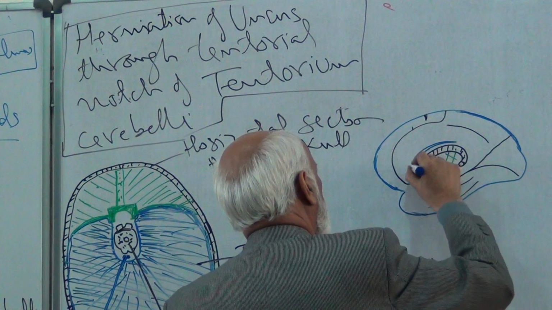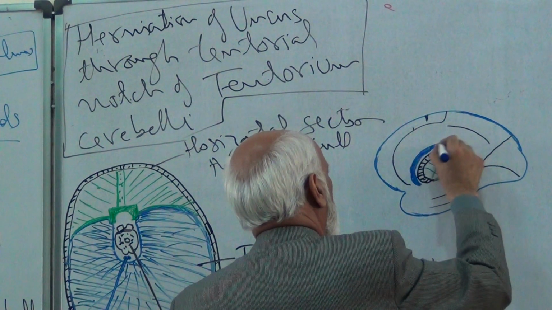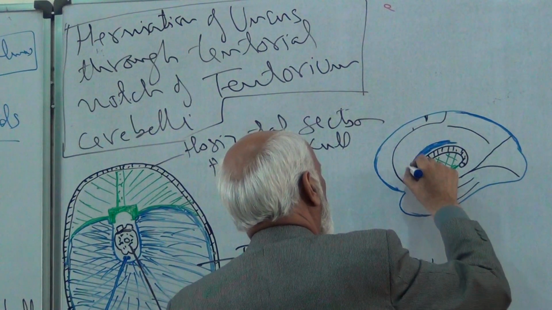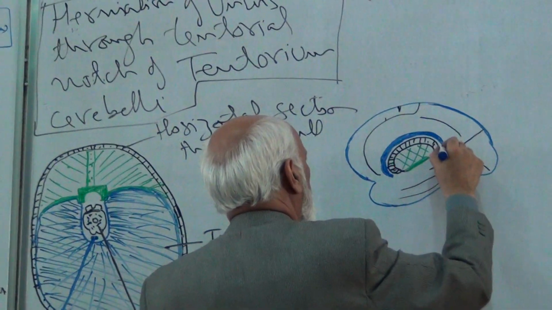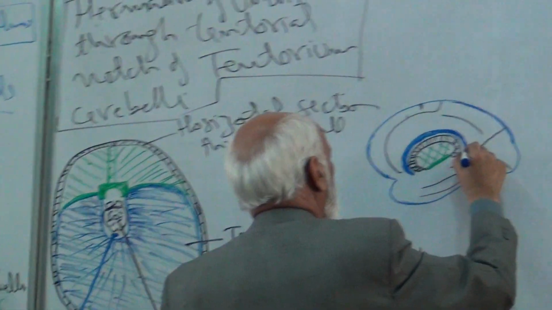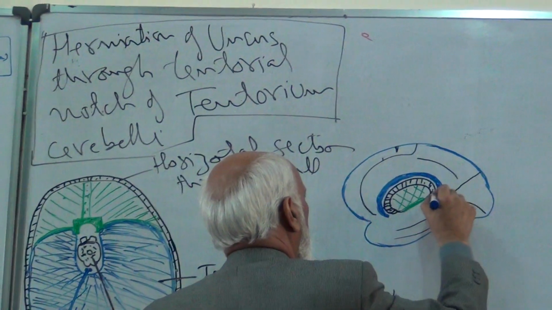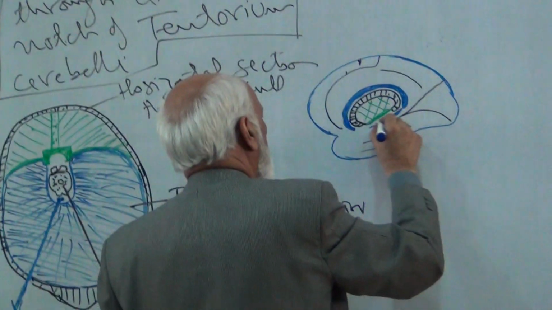Already we discussed these in the midline structures while talking about the external features of the brain. Then there is the isthmus, then the parahippocampal gyrus.